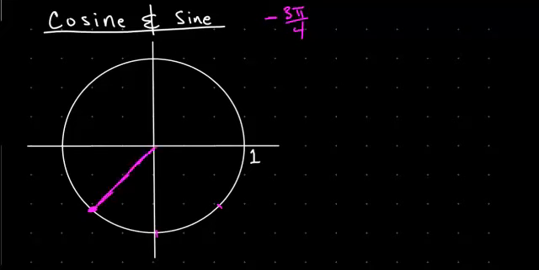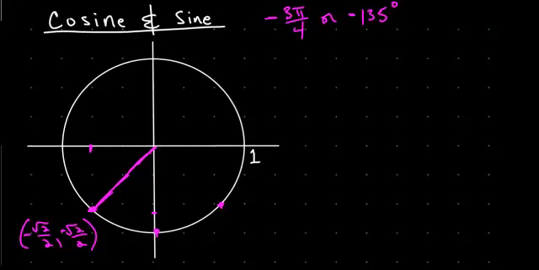Okay, and we know pi over 4 is 45 degrees, so it's going to be 45, 90, 135, or -135 degrees. For all these increments of pi over 4, we should know that it's √2 over 2, √2 over 2. And then you just got to make it make sense. So I'm here, so that's going to be a -√2 over 2 for my x coordinate, and my y coordinate is here, so that's going to be a -√2 over 2.